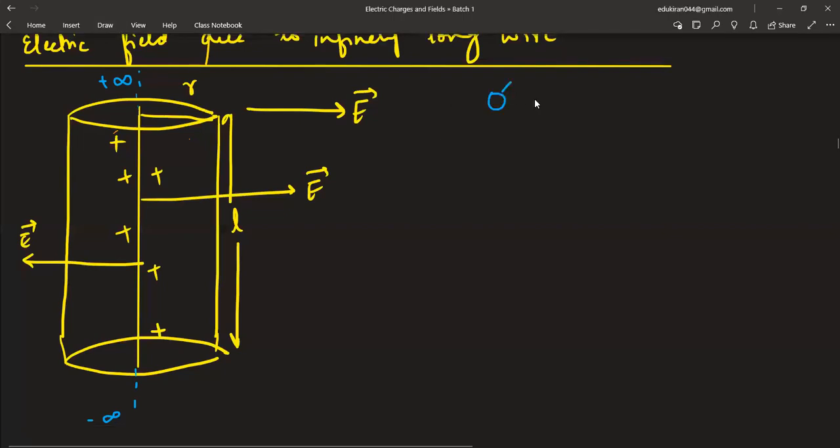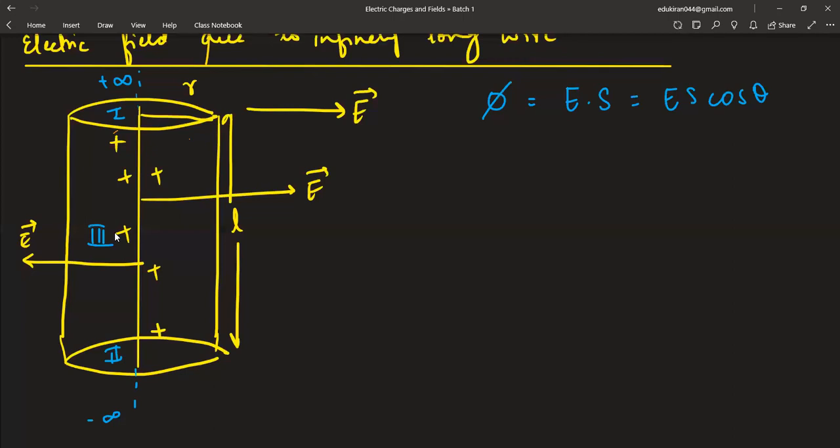Now when I am talking about the flux, flux is again E dot S, which is equal to ES cos theta, right? Again I'll break this up into parts: the first part, the second part, and the third part.